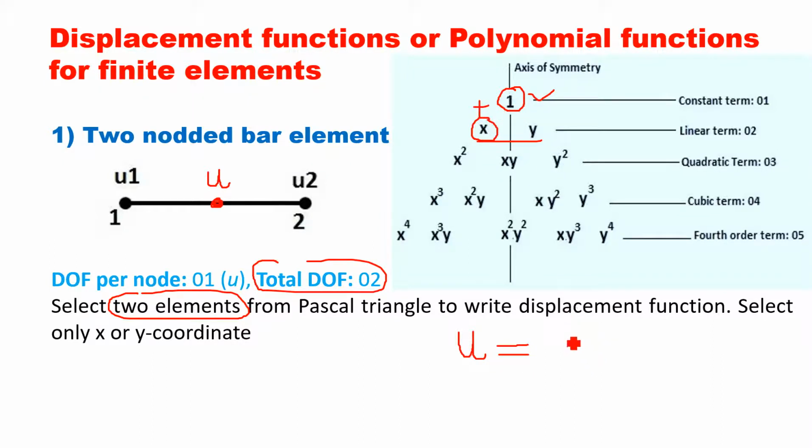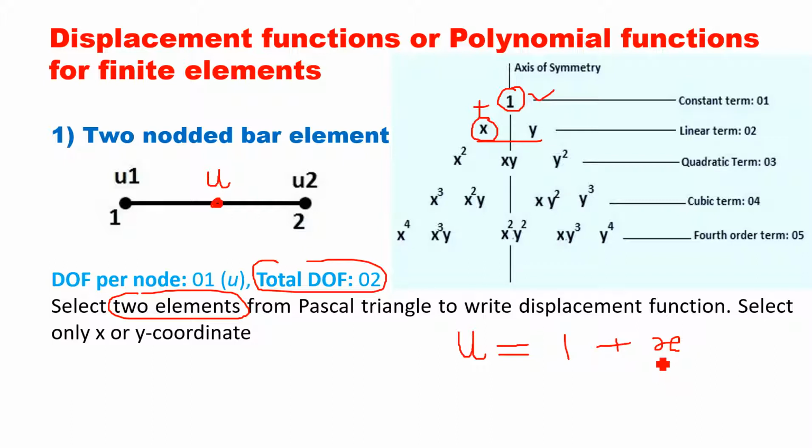So it represents 1 plus x, right? Where 1 represents the constant term and x represents that it is a linear term. But remember, this 1 represents the constant, which means it is not necessary that it is always 1. It may be 2, 3, 4, 5, any constant number.